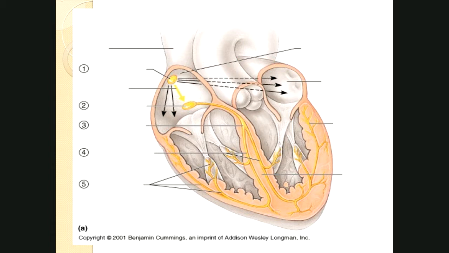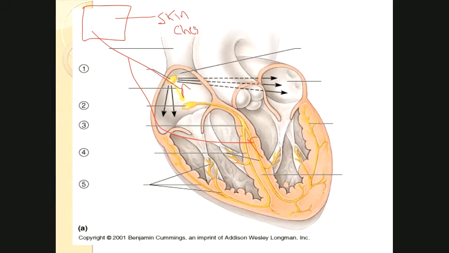There's a wire that goes to the heart, but the battery and all that is usually under the skin of the chest, outside the chest wall. If you look at a person's chest, you'd see a little raised structure, and you could feel it with your hand. Does that answer your question?